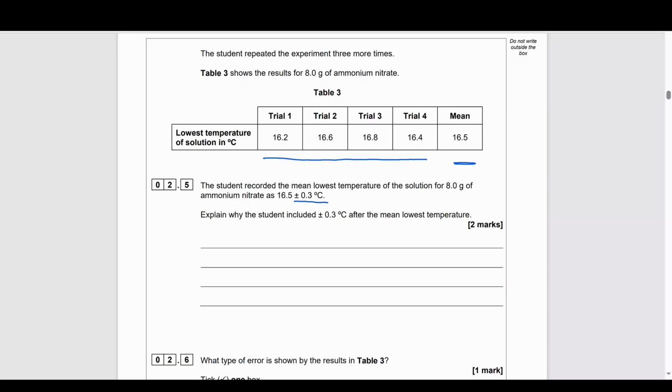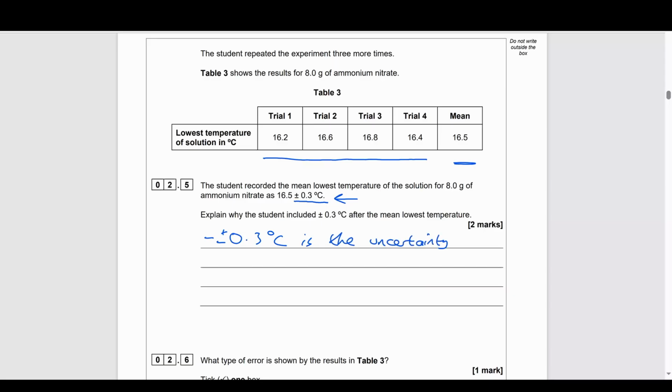Explain why the student included plus or minus 0.3 degrees Celsius after the mean lowest temperature. So what does this value represent? Well, we know that the 16.5 represents the mean, but this plus or minus 0.3 represents the uncertainty.